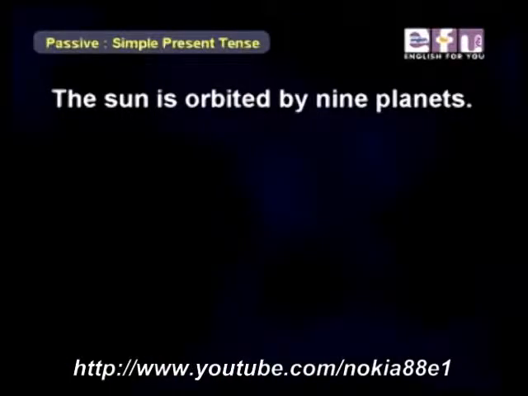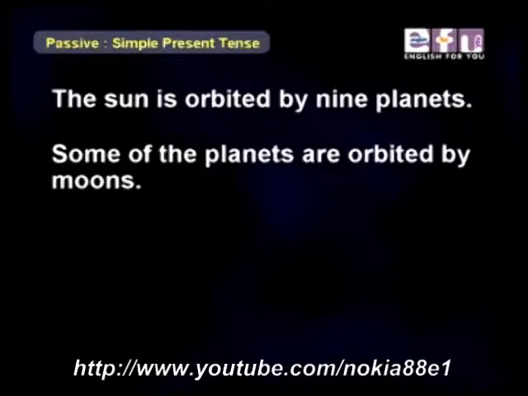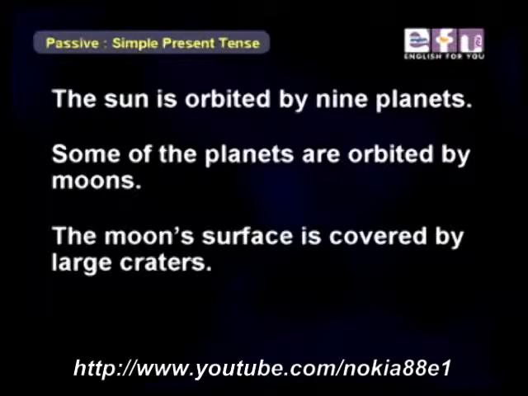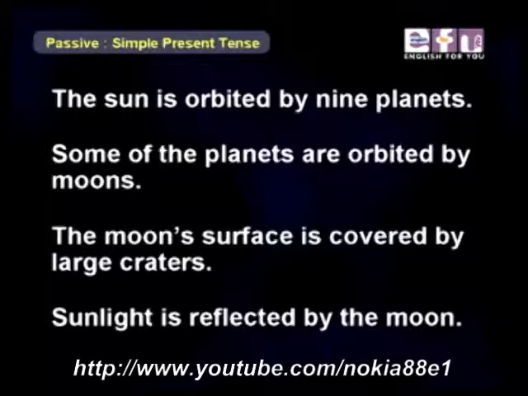The sun is orbited by 9 planets. Some of the planets are orbited by moons. The moon's surface is covered by large craters, and sunlight is reflected by the moon.